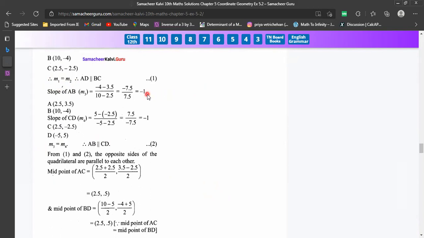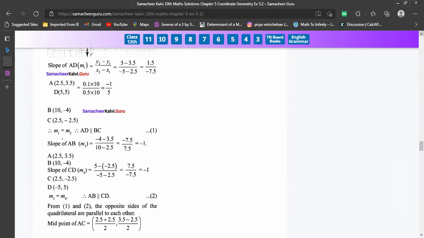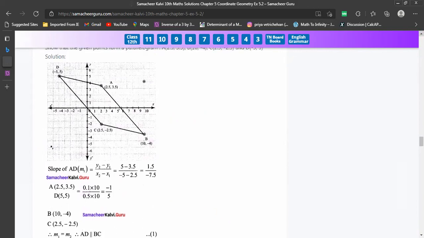M1 should be equal to M2 and M3 should be equal to M4. Which means, what do you mean by parallelogram? In a parallelogram, the opposite sides will be parallel, isn't it?